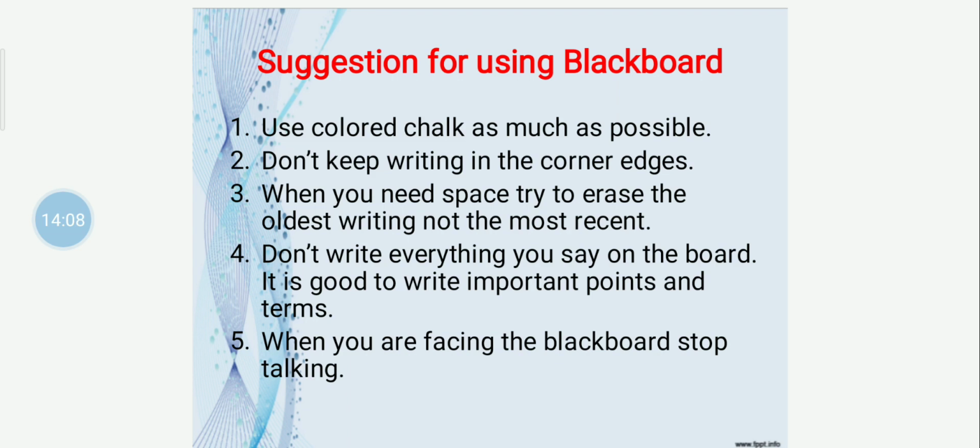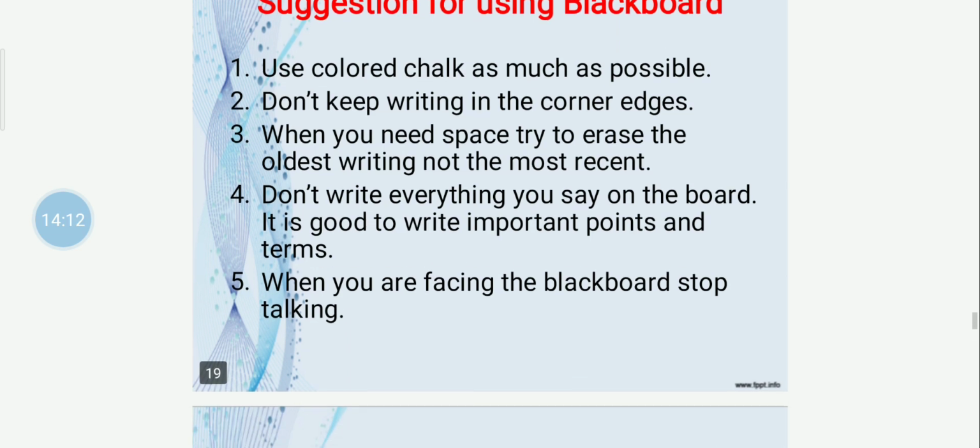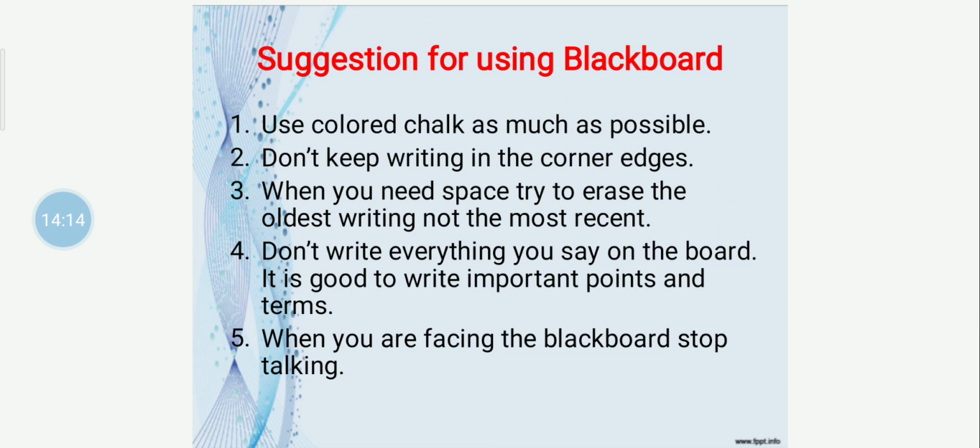Okay, then suggestions for using the blackboard. While using the blackboard, here are some suggestions. Use coloured chalk as much as possible, but don't use too many coloured chalk pieces. Then don't keep writing in the corner edges, because the last bench students will not get a clear vision of the things written at the edges.